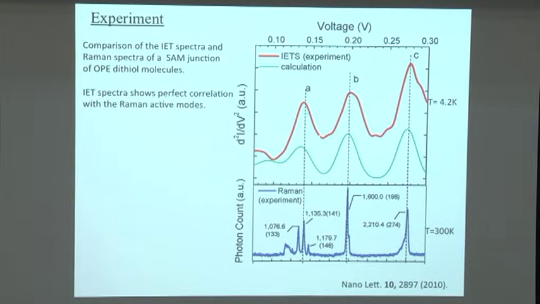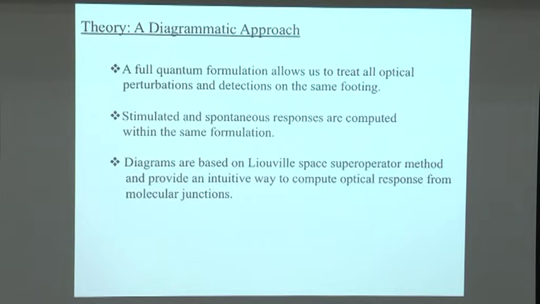Okay, the only difference is that here they are very broadened, while these are very sharp peaks. So this gives you better resolution as compared to the simple IV characteristic. Okay, so how do we understand these things?